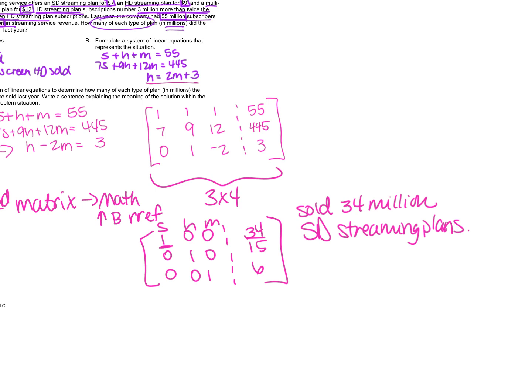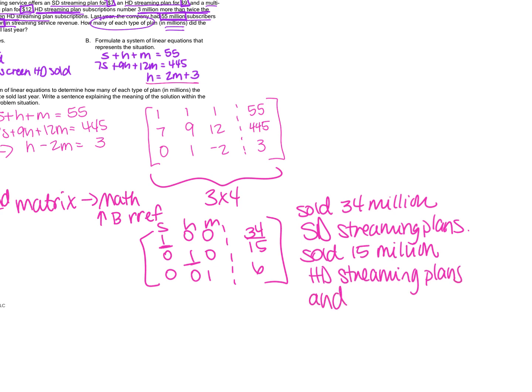And then this is the H, so they sold 15 million HD streaming plans. And M, which is a multi-screen, they sold 6 million.